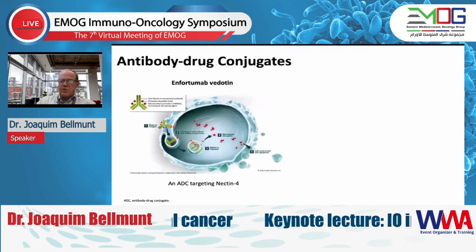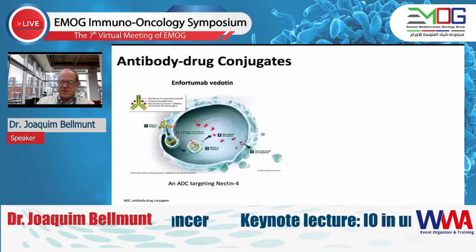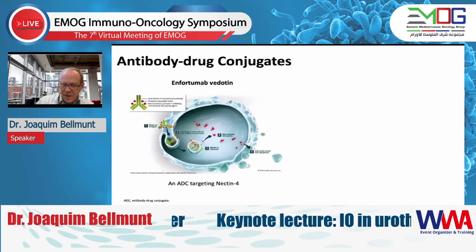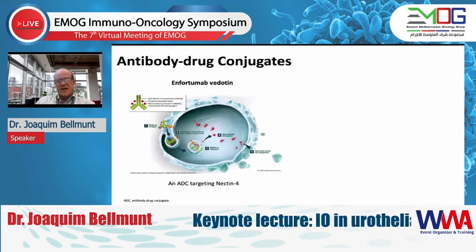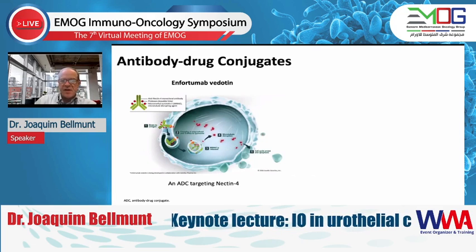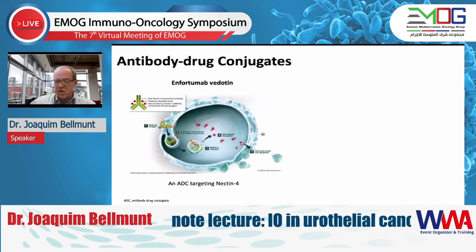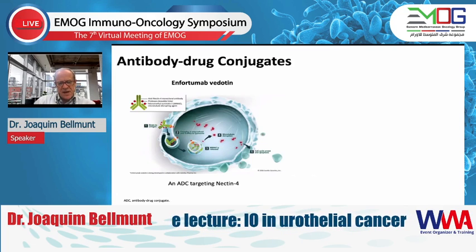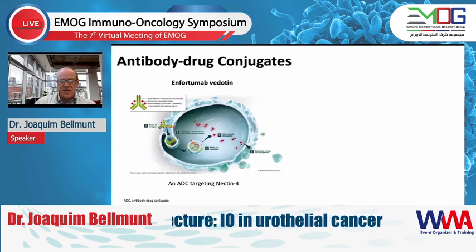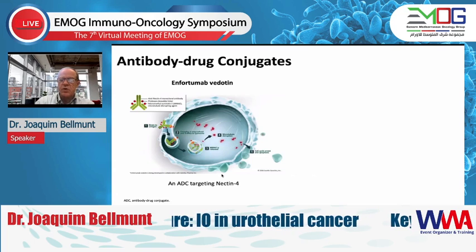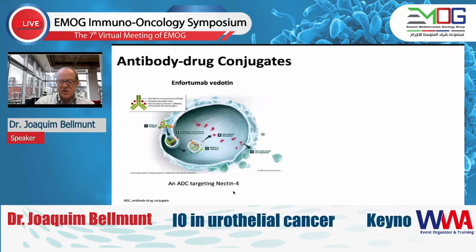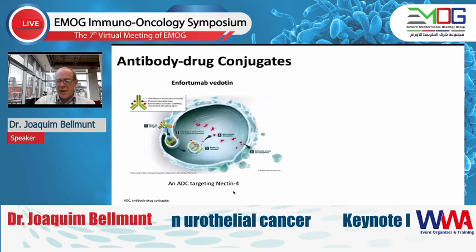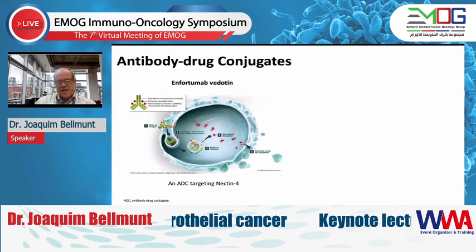And we have these new emerging drugs, the antibody drug conjugates, similar to the TDM1 that we use for breast cancer, where monomethyl auristatin is being used in treating bladder cancer patients. Here, we are using a target that is Nectin-4. We don't need to test the patients for Nectin-4 expression because we know it's widely expressed in bladder cancer.